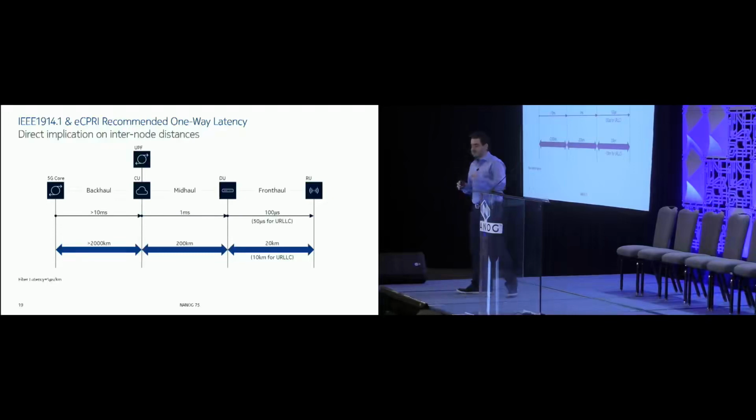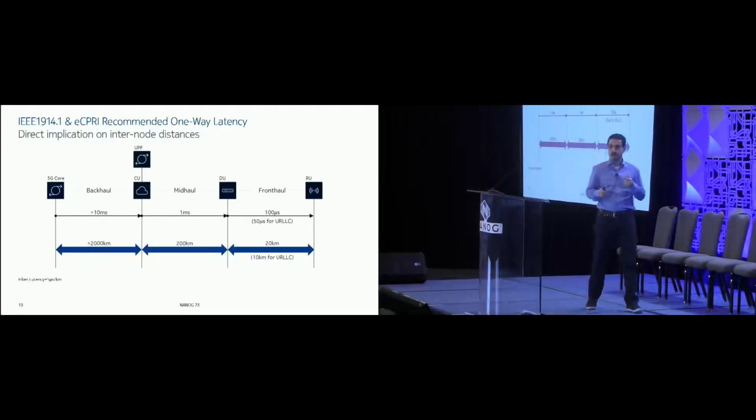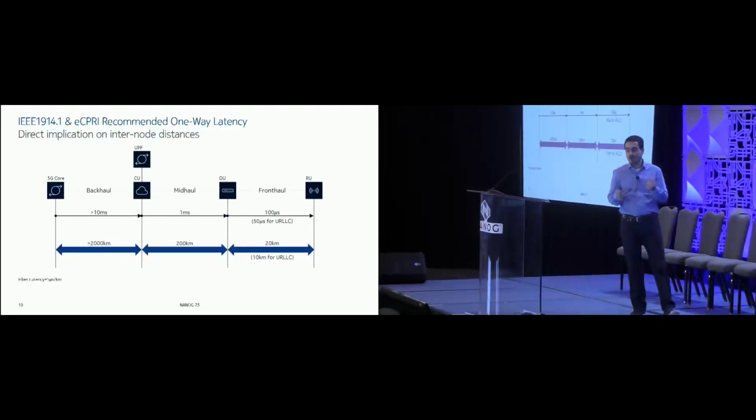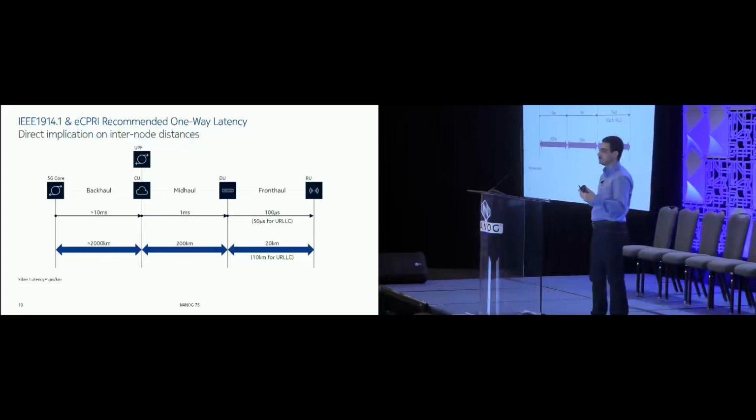So these latencies now start to have a very large impact on where we could place all of these elements in our network, right? Because if we have a radio tower, this means that if I'm going to use DU and CU elements, a distributed radio architecture, my DU must be within 20 kilometers.